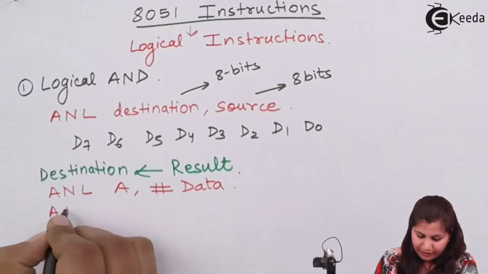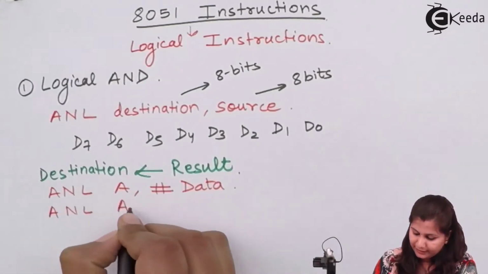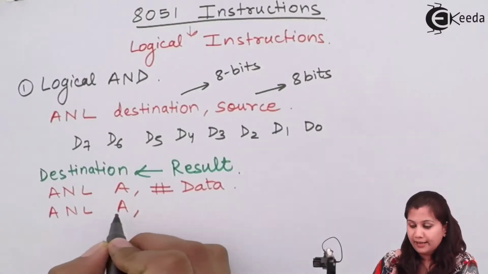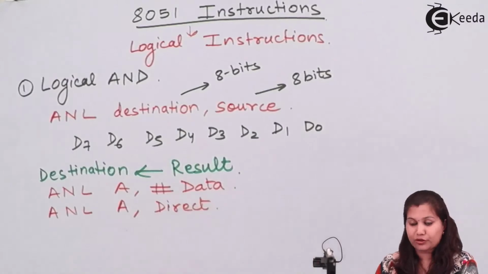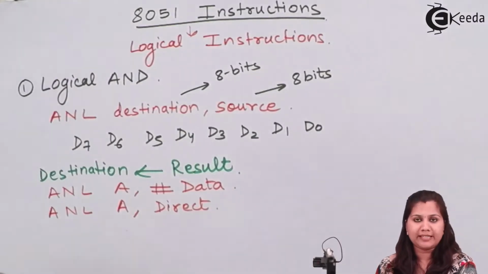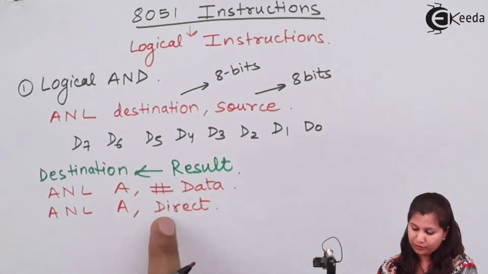The next example we have is ANL, and we directly write the address of the memory location. If we write 57H, then the contents of that memory location will be ANDed with the accumulator.